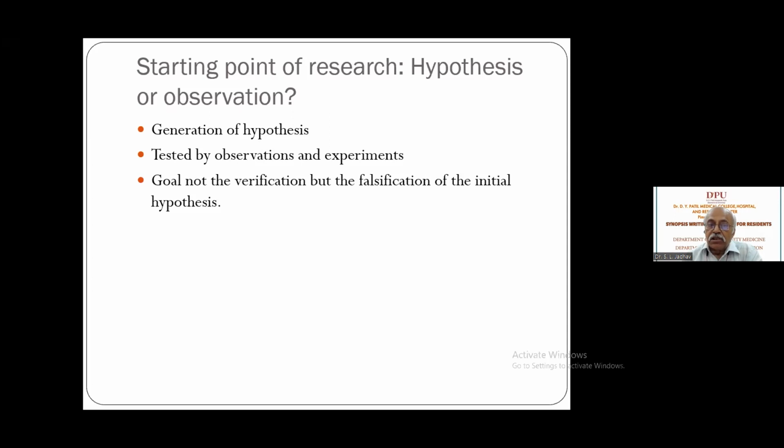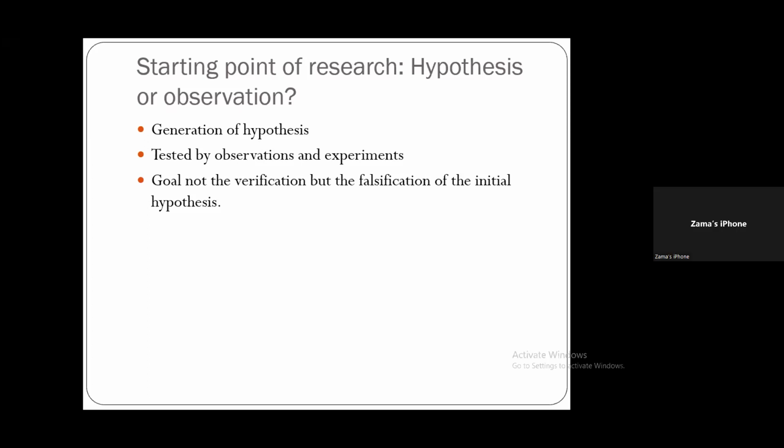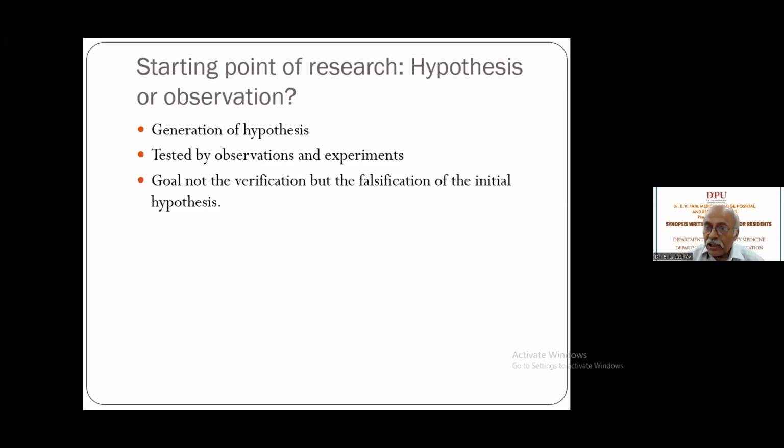These are tested by observations. And hypothesis testing in empirical research, you cannot prove it, but you can disprove it. So we first state a hypothesis and then state the null hypothesis, that is, there is no difference in the 2 groups, and we try to collect the evidence, whatever data we collect, to dispel the null hypothesis.